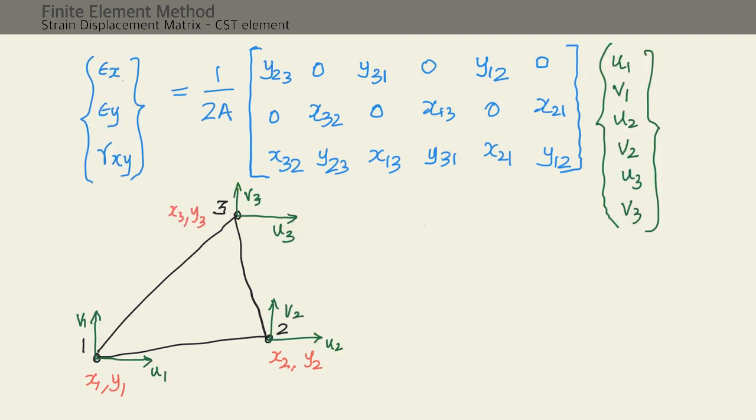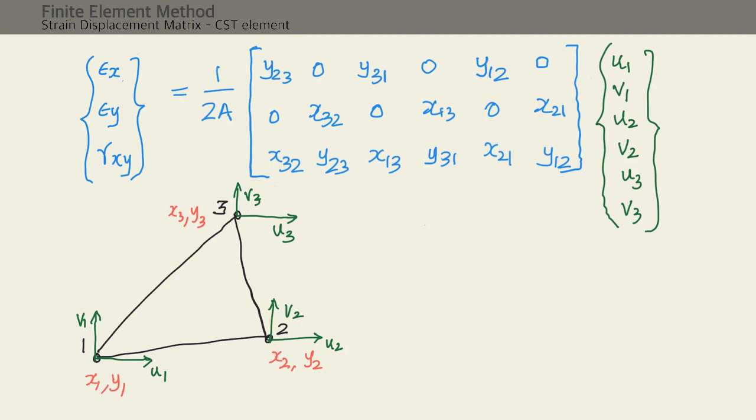If we go back to the equation for strain, we see that what is on the right hand side is this, the area of the triangle. All these terms inside this matrix are the nodal values for x and y coordinates, and the right side, this nodal displacement vector, the values are the displacement values at node 1, 2 and 3.